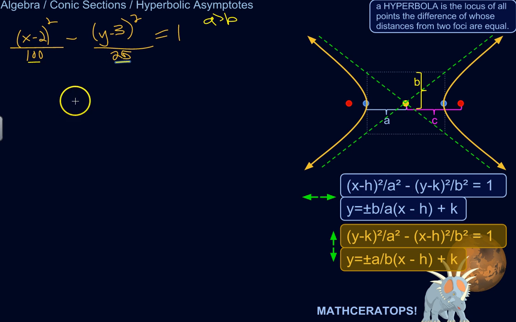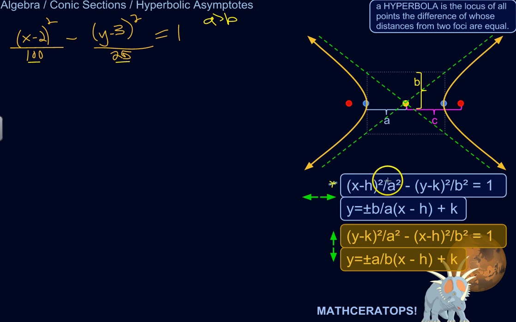If a is under the stuff with x, then it's a hyperbola that opens to the left and to the right. If this y stuff is over the larger number, then it opens up and down. We know, because this number is larger than this one, that this is a and this is b. So it's a hyperbola that follows this pattern.